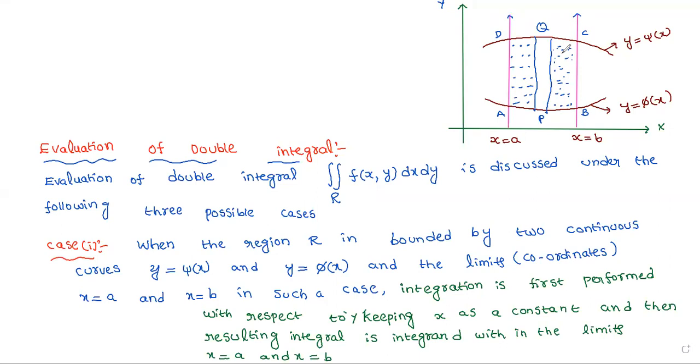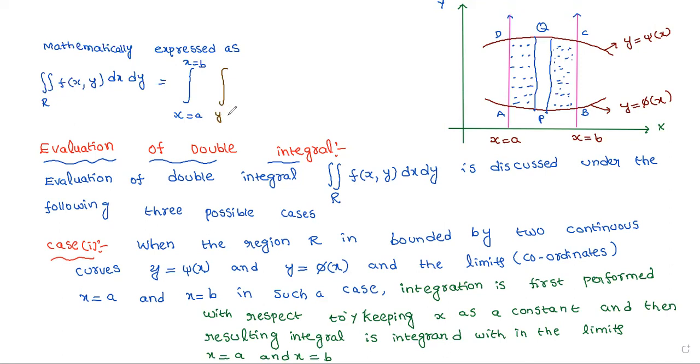So mathematically it is expressed as: the double integral of f of x comma y dx dy equals, first integration from x equal to a to x equal to b, and next integration y from the curve psi of x to pi of x.